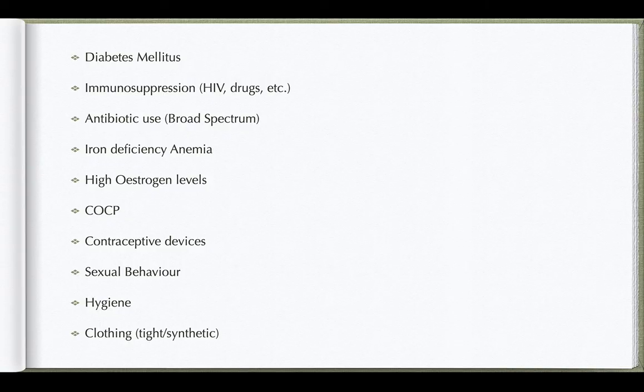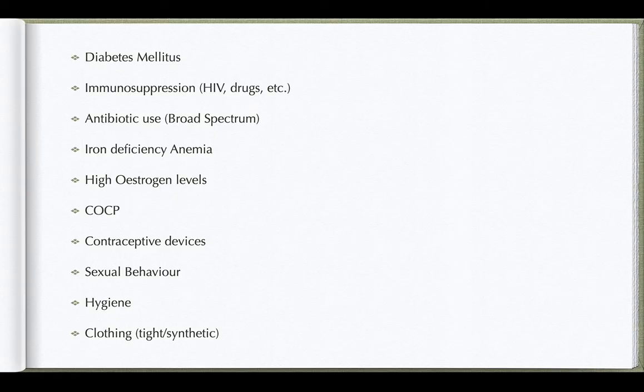Iron deficiency anemia is associated with VVC as well, as iron deficiency anemia determines the balance between, and the intensity of, a type 1 and a type 2 immune response. A type 2 immune response promotes the recurrence of candidiasis.